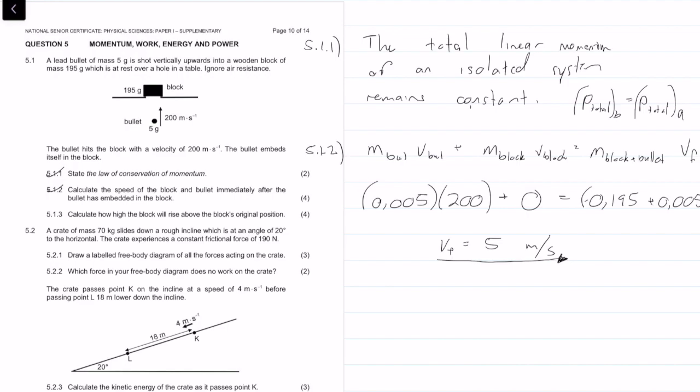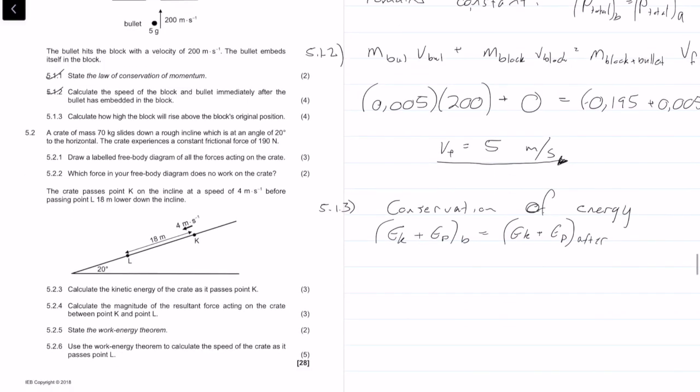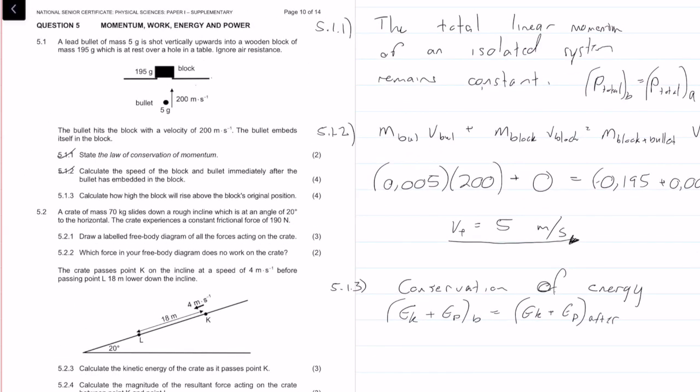5.1.3 says calculate how high the block will rise above the block's original position. How we're going to do this is use conservation of energy. Conservation of energy says that EK plus EP before is equal to EK plus EP after. Before means before the block has moved up, and after is at the maximum height of the block.